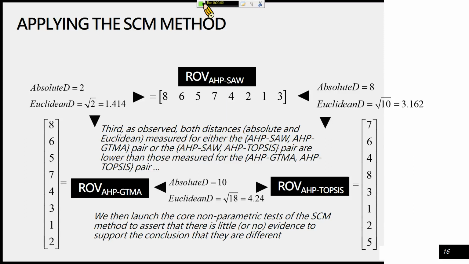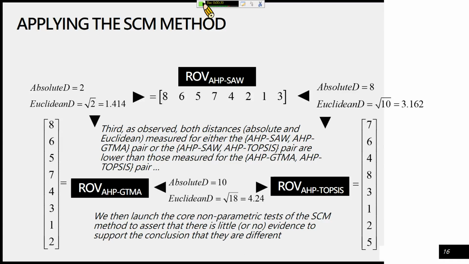First, both distances measured for either the AHP-SAW and AHP-GTMA pair or the AHP-SAW and the AHP-TOPSIS pair are lower than those measured for the AHP-GTMA and AHP-TOPSIS pair.